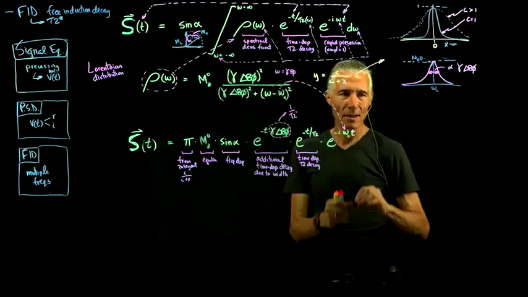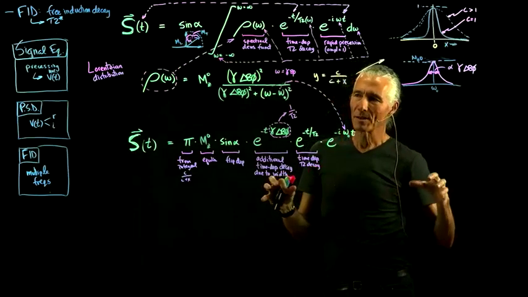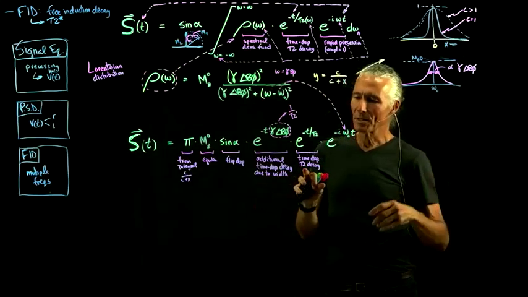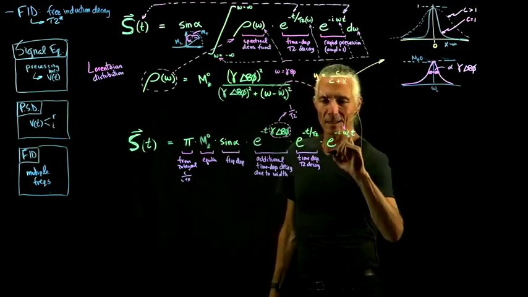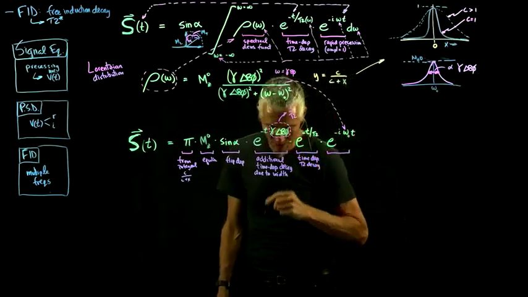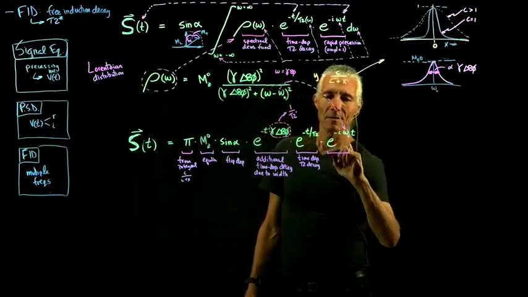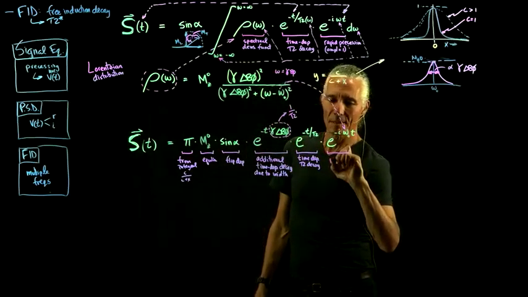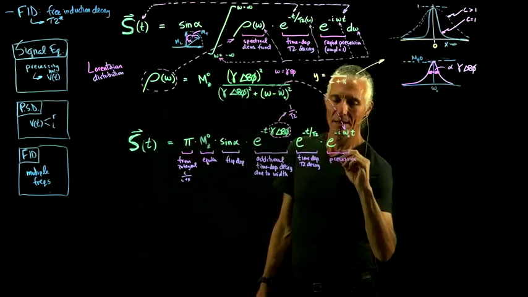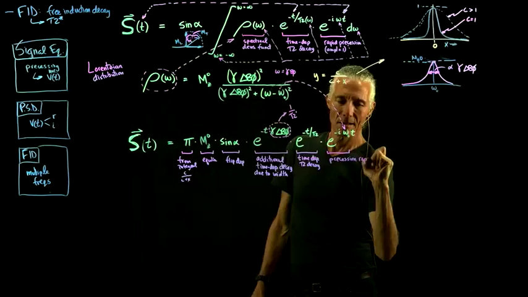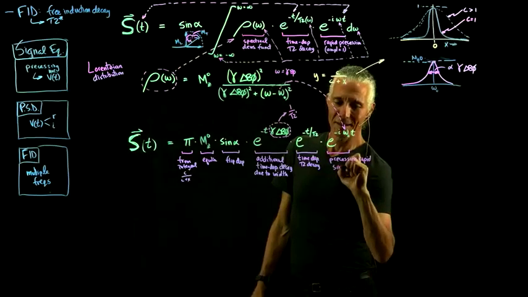So as you widen the range of frequencies, you still end up with just a single frequency coming out of here. This is the precession, the rapid precession, but single frequency.